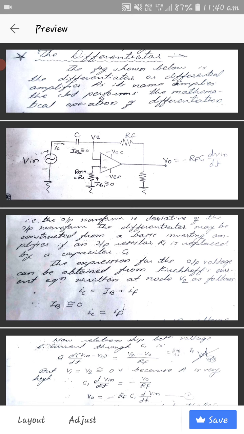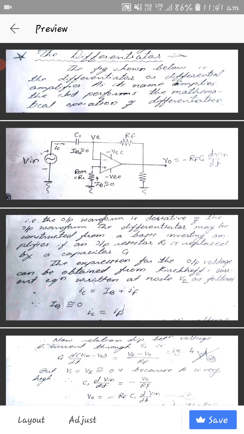The expression for the output voltage can be obtained by writing Kirchhoff's current equation at node V2. There are two nodes, V1 and V2. V1 is the non-inverting node and V2 is the inverting terminal node. At node V2 we apply Kirchhoff's current law, which gives IC equal to IB plus IF.